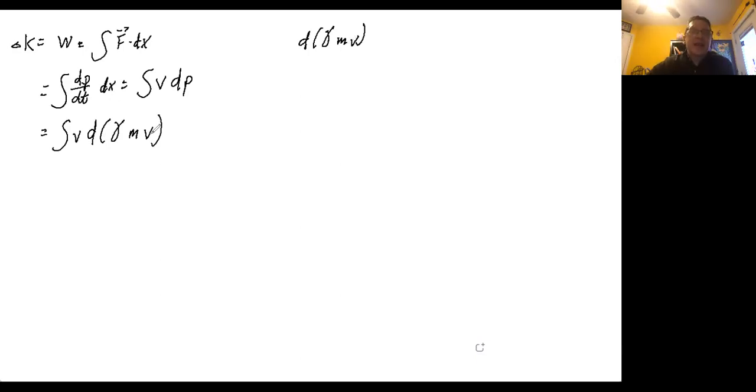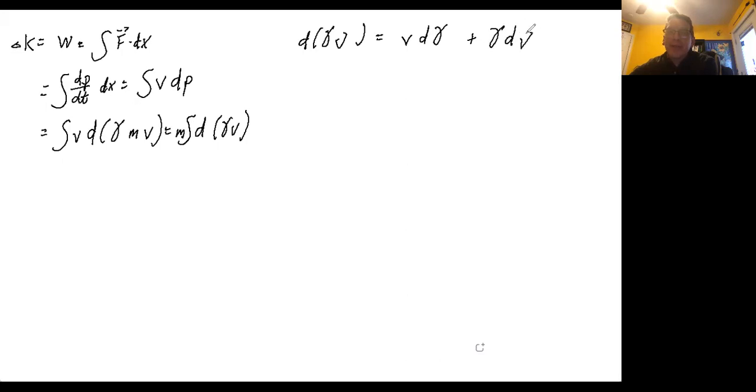And the mass we can bring out, so that this becomes m times d of gamma v. And so that becomes, from the product rule, v d gamma plus gamma dv.